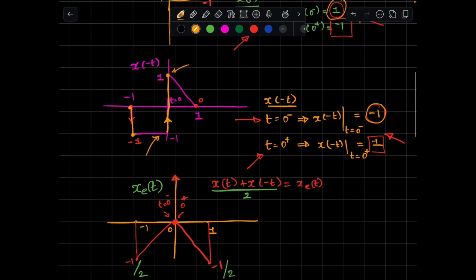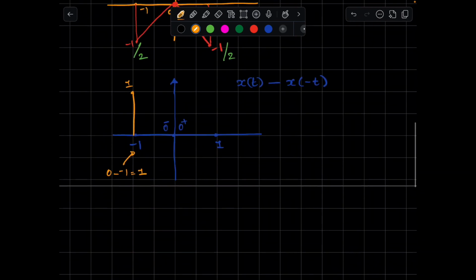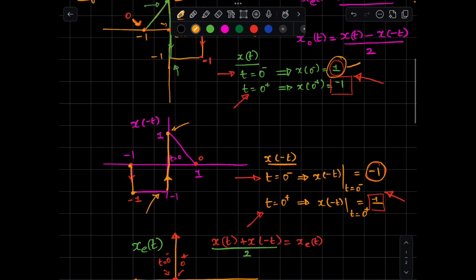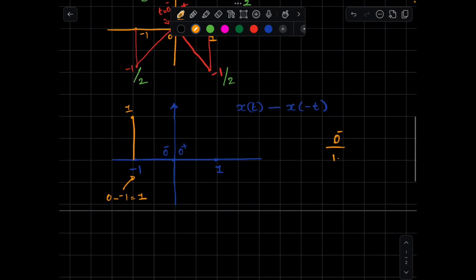So at 0 minus, the first signal was 1 and the second signal was -1. So 1 minus -1 will be 2. So the amplitude should be 2. Anyway, I need to extend the line, then only it is possible.